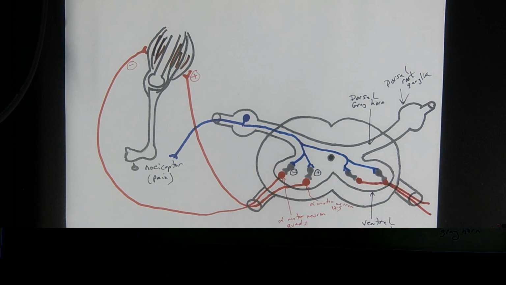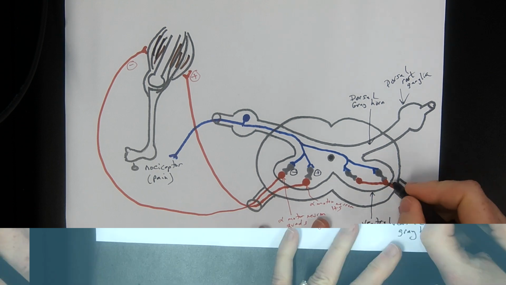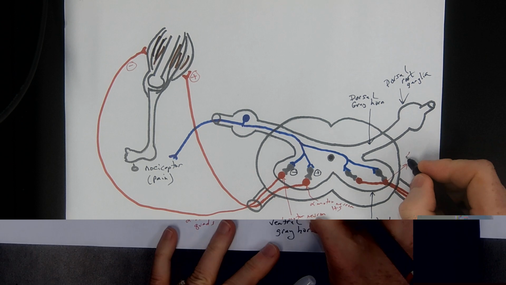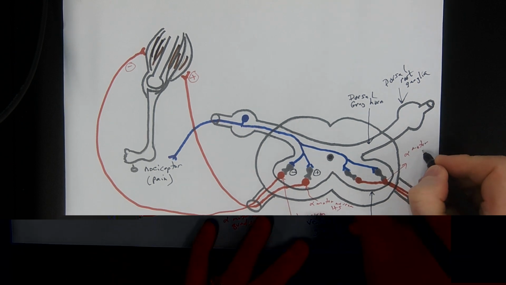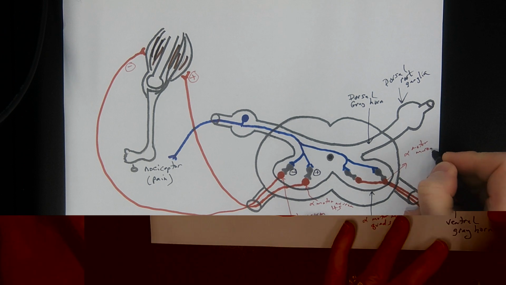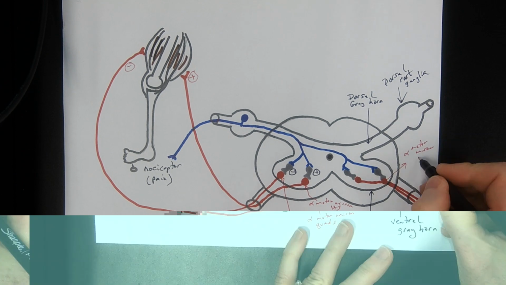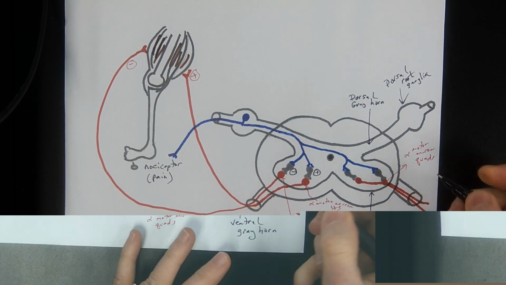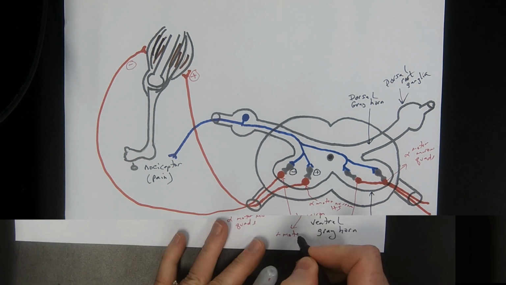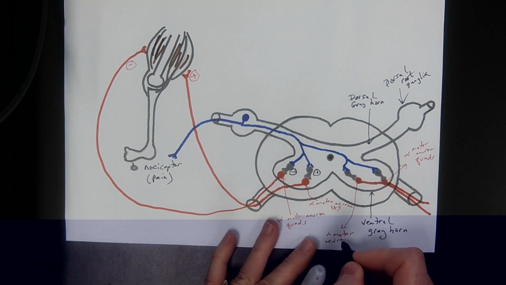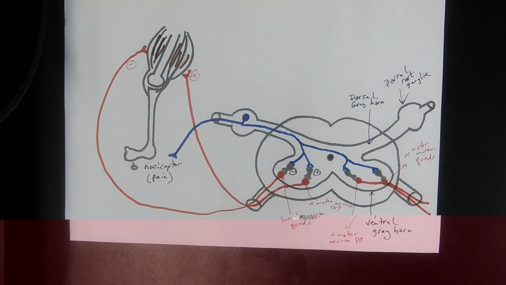Let's stay consistent, and say this is the alpha motor neuron for quads, and this one is the alpha motor neuron for hamstrings.